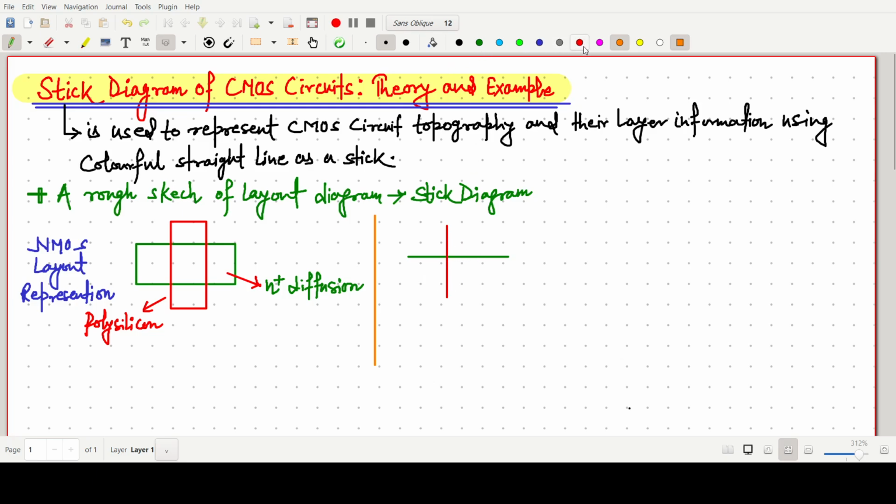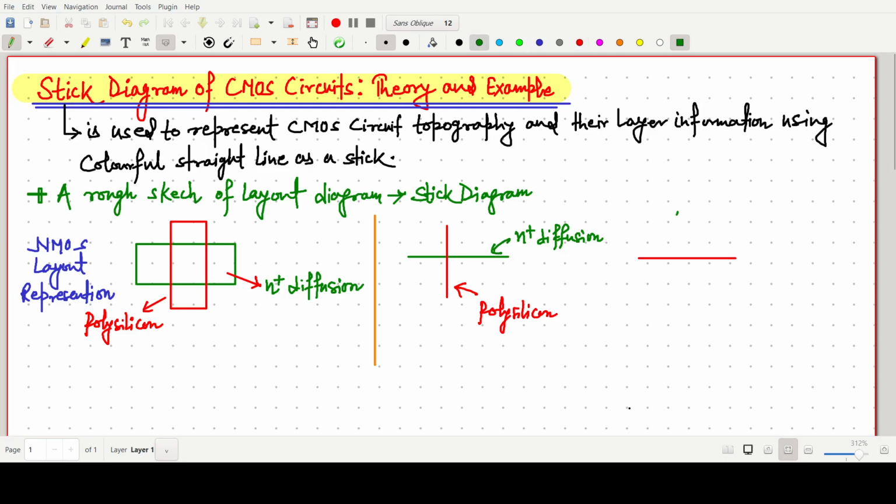Okay, so again this one is called our polysilicon, and this one is called the N plus diffusion line, or N plus diffusion. So basically this may be also drawn like this, red and green.